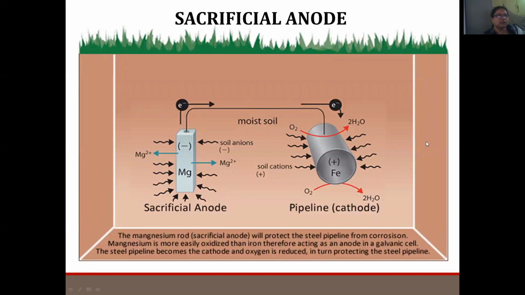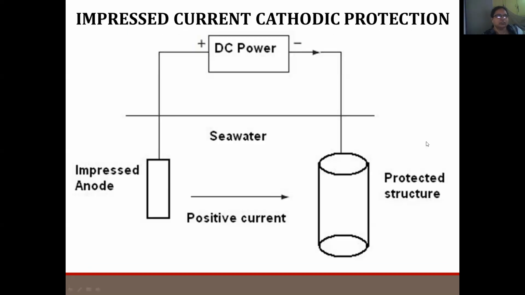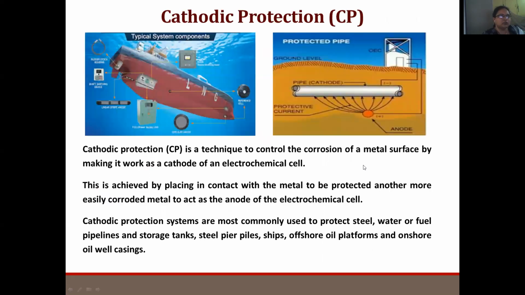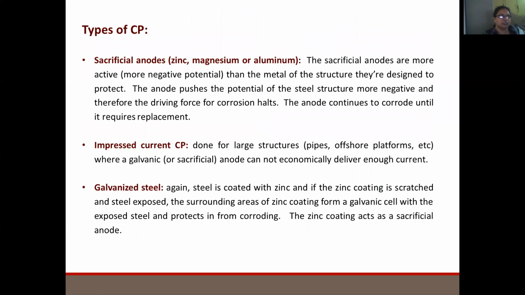Impressed current cathodic protection can be seen in pipelines below the ground, the offshore platforms, etc. We can see this impressed current cathodic protection done. So these two are the main things for cathodic protection.